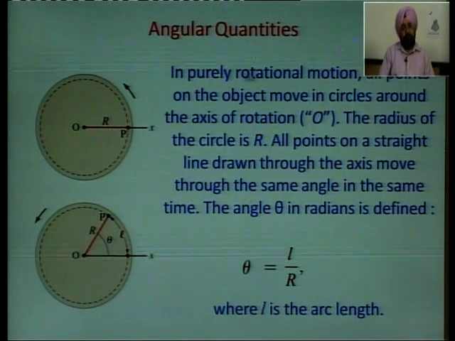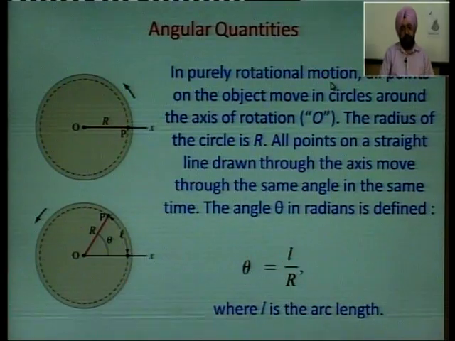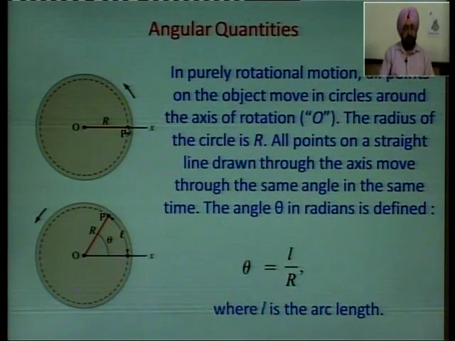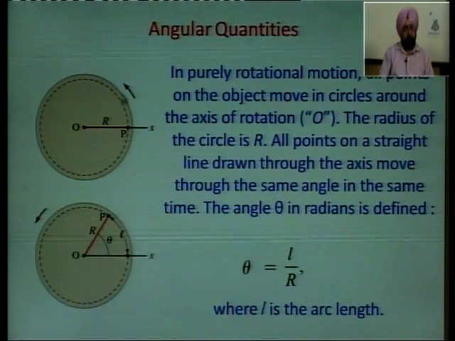If you take a purely rotational motion, all points on the object move in circles around the axis of rotation. If you take a point here, if this body, this point is moving around O, then it is moving in a circle. If you take a point nearer, it will also move in a circle.